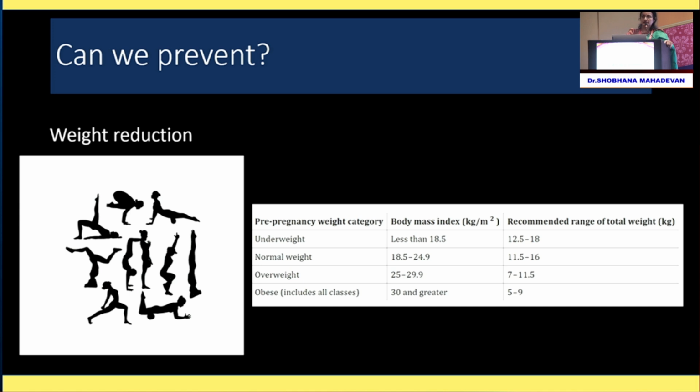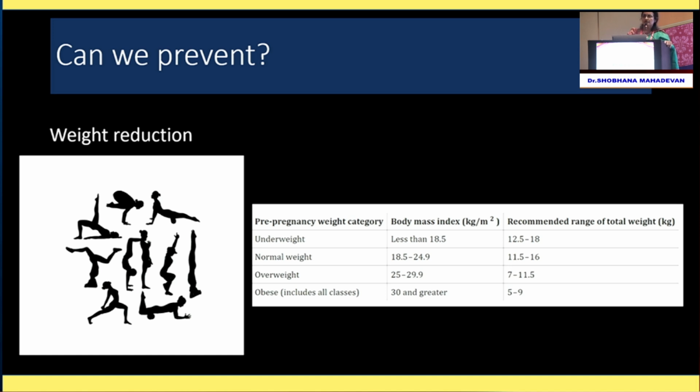Now, we all know that's a very difficult task. First of all, people don't come for preconception care. Even if they come, just by one visit of nutritional advice and giving them a diet chart, they are not going to be able to achieve it. This is going to be an ongoing dialogue with her, with good follow-up in order to achieve weight loss.